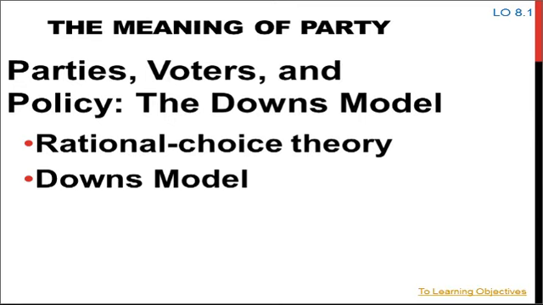Why is that? The rational choice theory and the Downs model attempt to explain why we continue to have limited political parties. The rational choice theory assumes that parties and candidates have the goal of winning elections and that it is more important than ideology. If both parties and voters are rational, they will both find ways to achieve their goals.